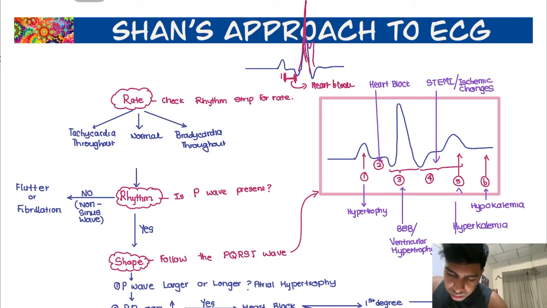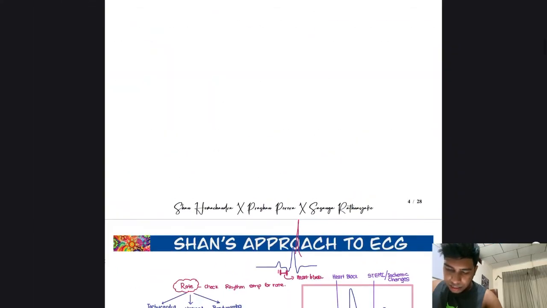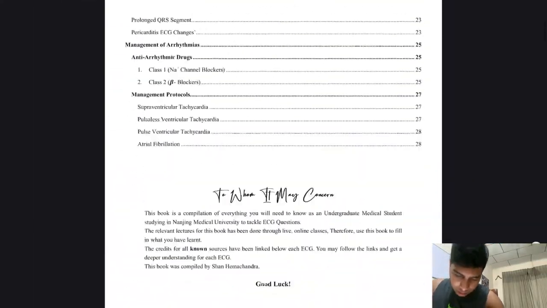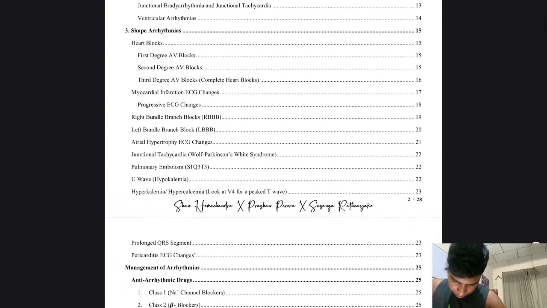Next, you look at the ST segment. Is the ST elevated with the T wave? If yes, it is a STEMI. Is the ST depressed with the T wave? If yes, it's ischemic changes. And you look at the T wave, and if you find it has elevated together with this, it is a condition in which, sorry, I forgot the condition, let me check.